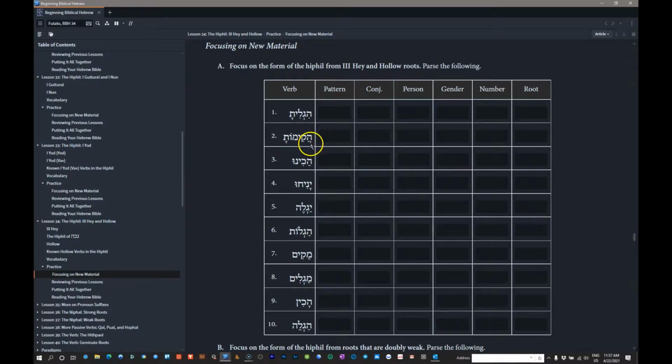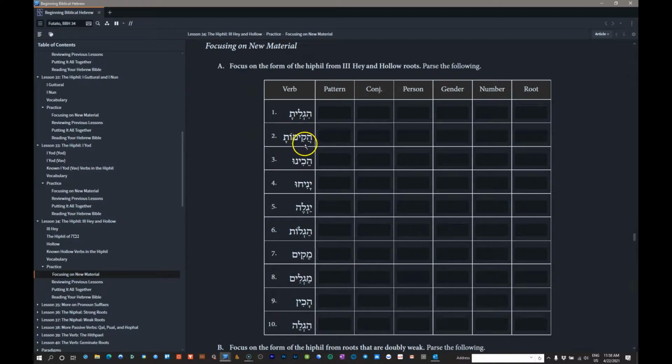Number 2, I've got a hey patach prefix. Now that has been shortened because I've got my accent way over here. So this is now pro-pretonic. So this is the Hiphil patach. No, it's not Hiphil patach prefix. Because this ta suffix, this is clearly a perfect suffix. So here we get the chemo. This O here, this is just kind of a connecting vowel that the Hiphil puts on hollow verbs.